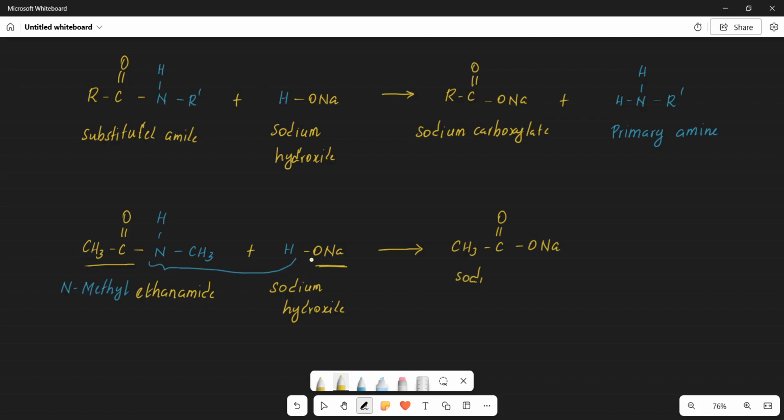I used ethanamide, so I am getting sodium ethanoate, and I will get HNHCH3, which is methylamine, which is a primary amine.